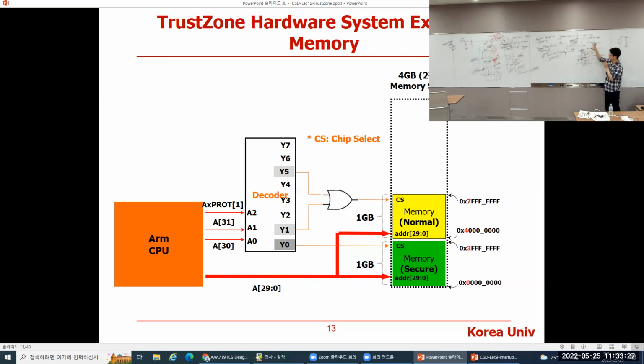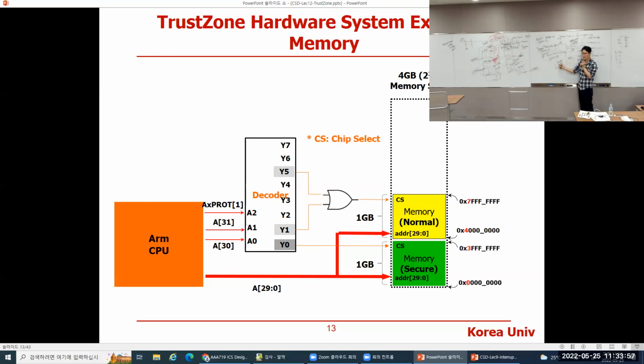The point is, when you design the hardware system, you can designate, allocate, or assign this memory for secure world, that memory for normal world. Same thing goes for I/O devices. For example, you have 2 timers, timer number 0 and timer number 1.